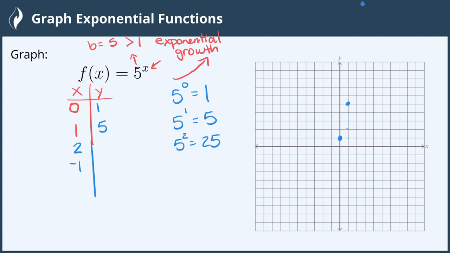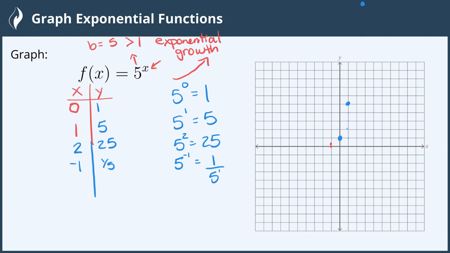And if we put in -1, we get 5 to the -1, and this, with a negative exponent, it means that it's on the wrong side of the fraction, so we'll take it down, which makes it 5 to the +1 now, and we put a 1 over top, so we get 1/5. Then we can graph the 1/5 going over to -1, and up 1/5 will be about right here.